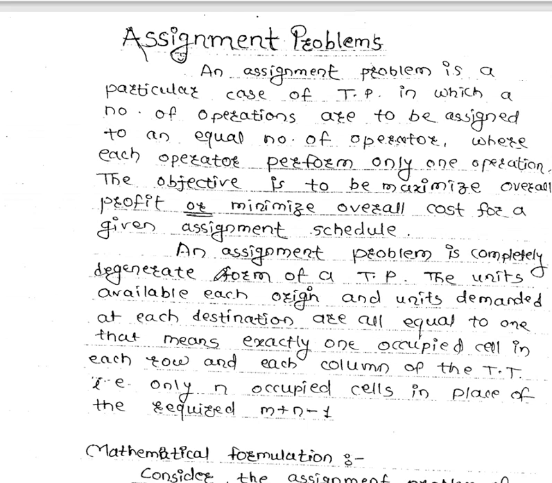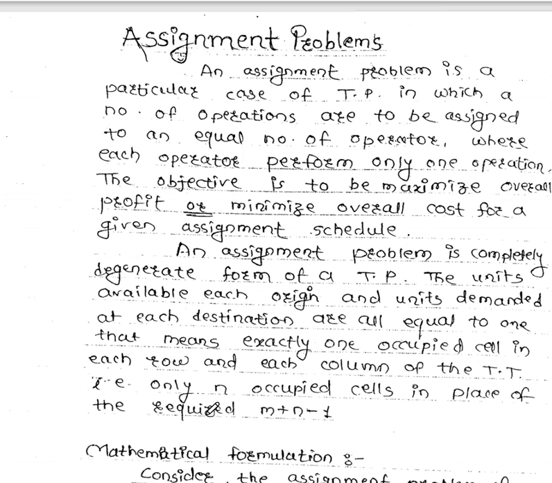An assignment problem is a completely degenerate form of the transportation problem. The units available at each origin and the units demanded at each destination are all equal to 1. That means there is exactly one occupied cell in each row and each column of the transportation table.